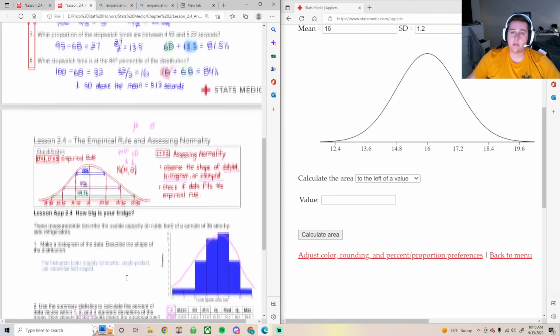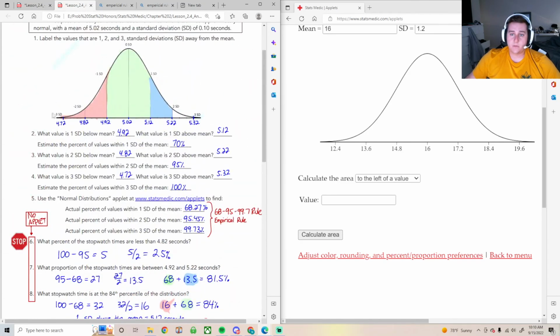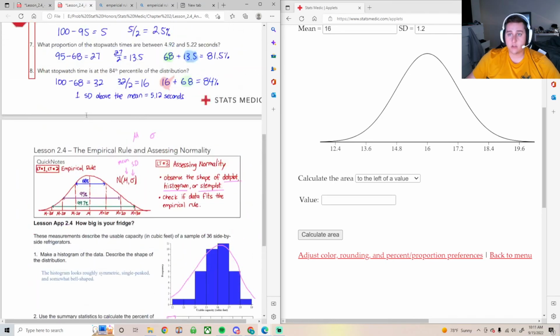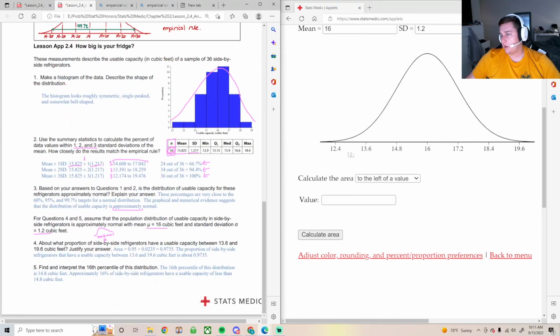So that would mean taking the lowest slice, the 0.15, and adding 2.35 and then adding 13.5, and that should total to 16%, or at least close enough to it. So it'd be this slice and this slice and this slice, so 14.8. Yeah, the 16th percentile of this distribution is 14.8 cubic feet.